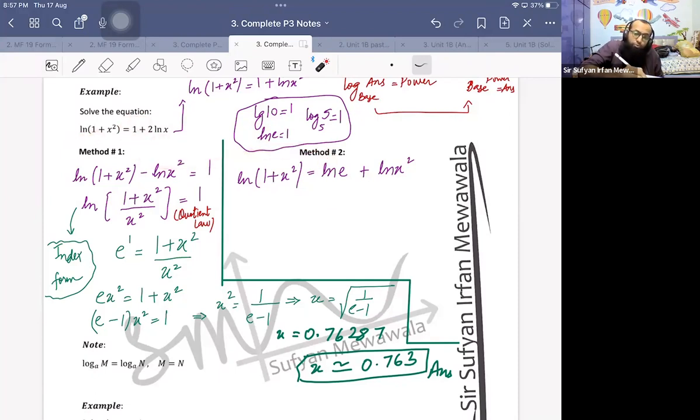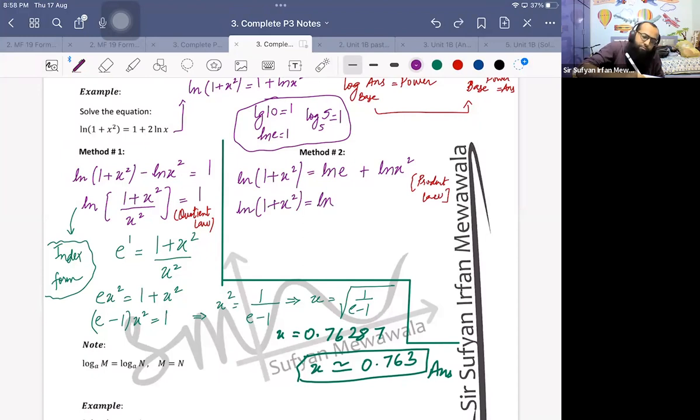Now check out what I'm going to do. Now ln e plus ln x square. 2 logs are being added, so I will use product law. So now ln(1 plus x square) is equal to ln(e x square).